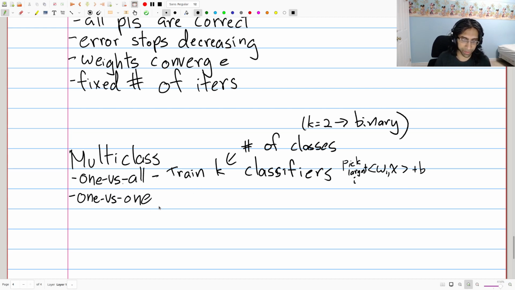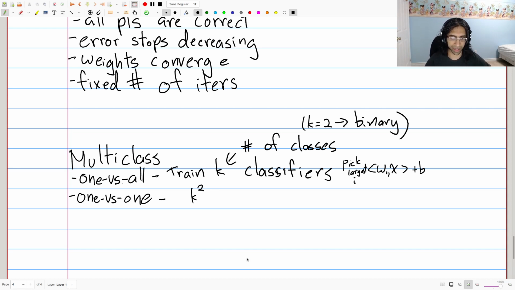Another way to make it multi-class, which I'll tell even fewer details about, is the one versus one setting, where instead of training K classifiers, you train roughly K squared classifiers.